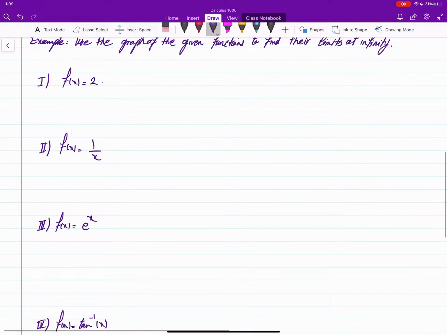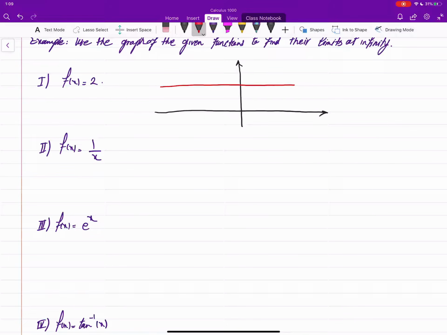Let us look at the graphs of these functions. This function is the constant y equal to 2, so its graph will look like this. If it is a constant 2, it cannot get any closer to 2 than itself.